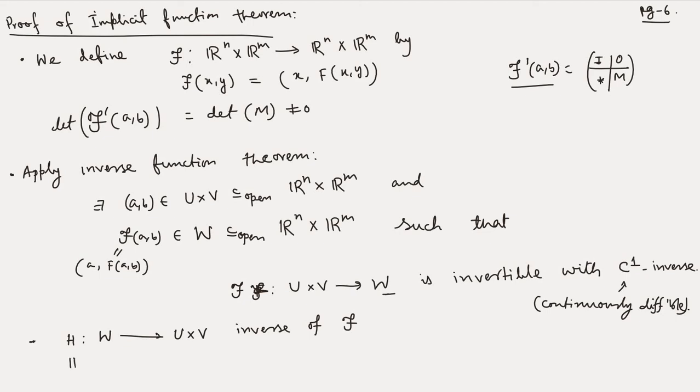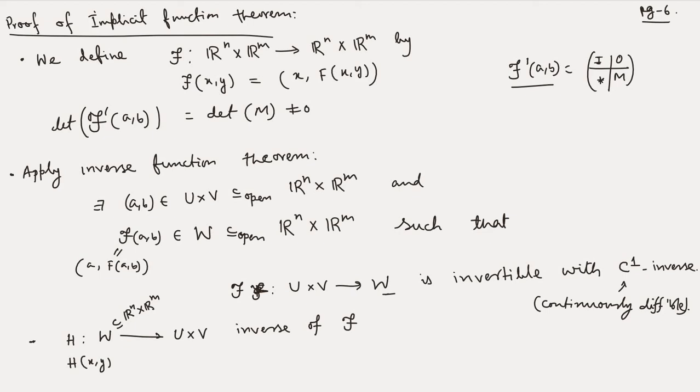Then H of (x, y): this is a subset of R^n cross R^m, so a generic point in W looks like (x, y), where x is in R^n and y is in R^m.